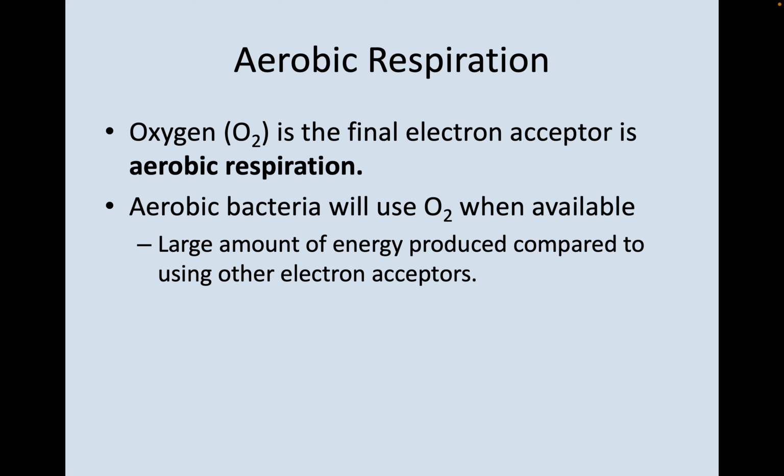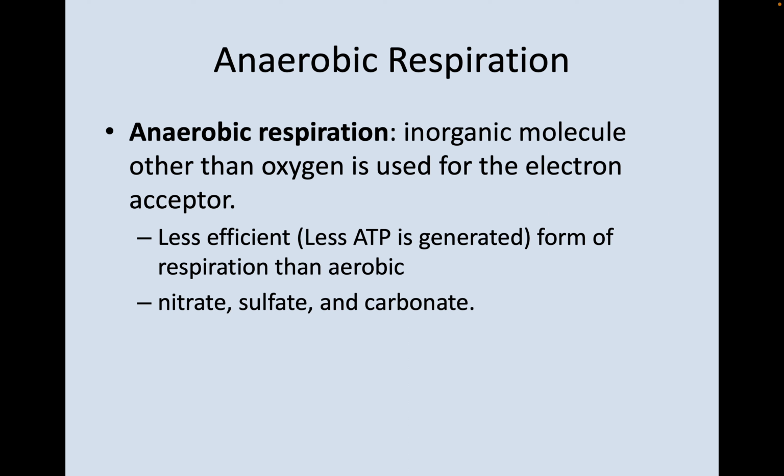All right. So aerobic respiration is where oxygen is the final electron acceptor. Aerobic bacteria will use oxygen when it's available, and a large amount of energy is produced this way relative to when other electron acceptors are used. So if oxygen is available and microbes can utilize it, they will, because it's more efficient.